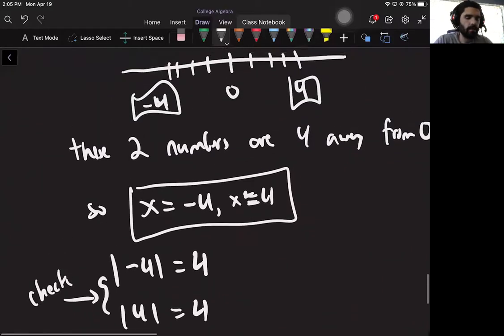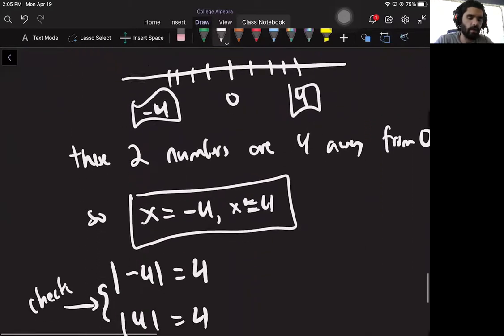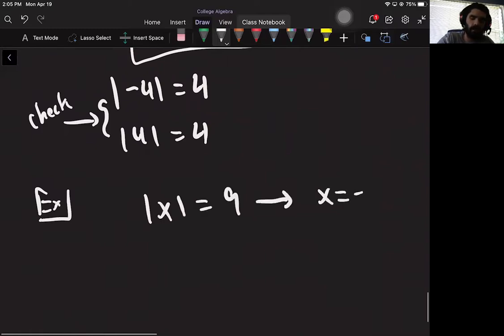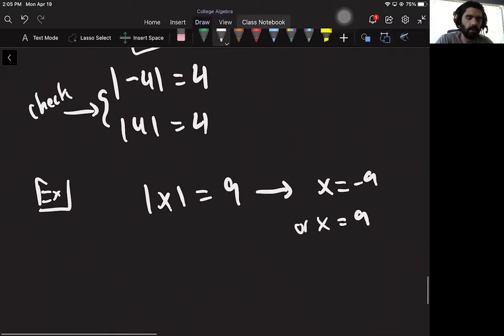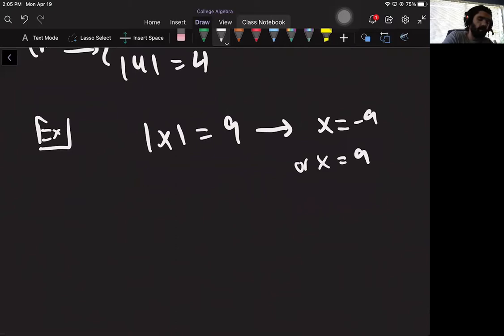Okay, so that's one equation we can solve, which is absolute value of x equals a number. So immediately you should be able to recognize how I would solve something like this. Well, it would just be x equals -9 or x equals 9. Those are the two numbers that are 9 away from 0, and there are no other numbers like that.